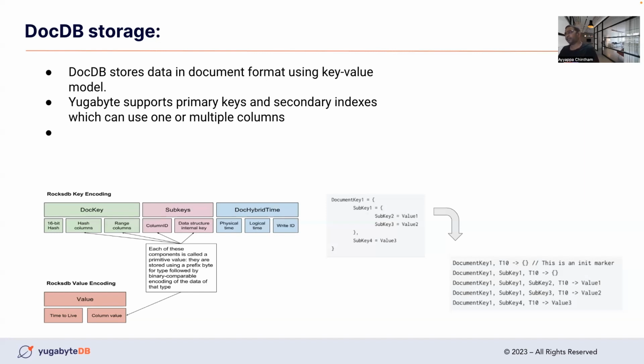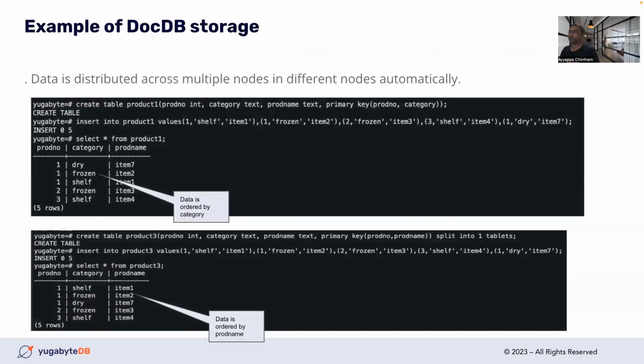Now I'm going to show you a quick data example of how the data is actually stored in the database. In this example, I want to highlight how the data is actually stored internally when we are using a primary key or a secondary index on multiple columns.